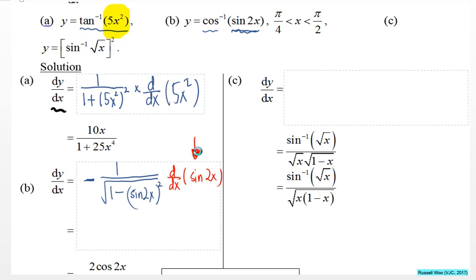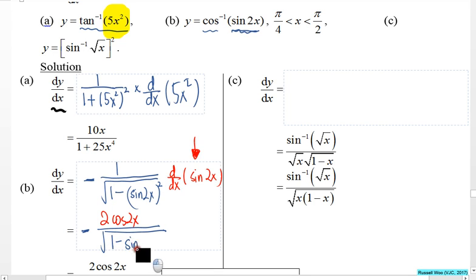What do you get? You get negative. Differentiating sine 2x, you get a 2 cosine 2x. Don't forget your 2. And usually when we write this sine 2x whole thing squared, we put a square here.